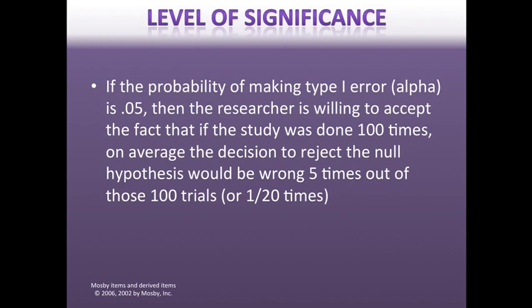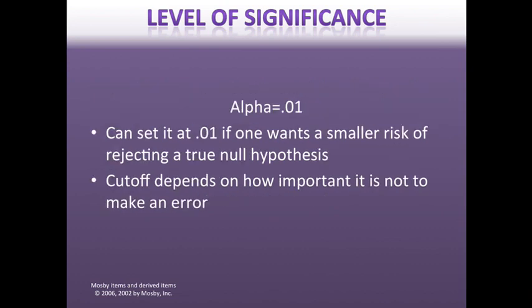All right, so levels of significance. So, as I mentioned, typically the cutoff there, or the p-value, is 0.05, all right? So the idea is that if you do the study 100 times, we accept that, on average, we'd be wrong to reject the null hypothesis 5 times out of these 100 trials.